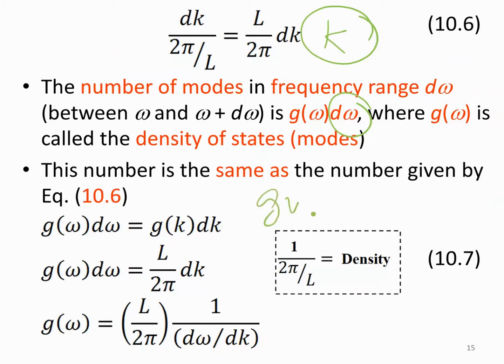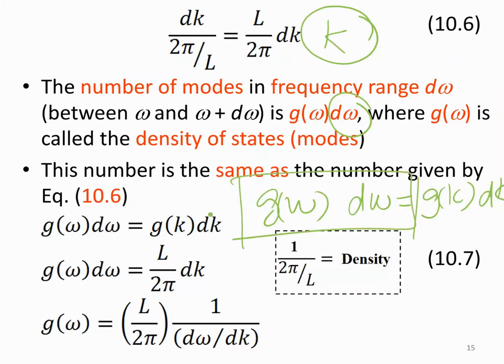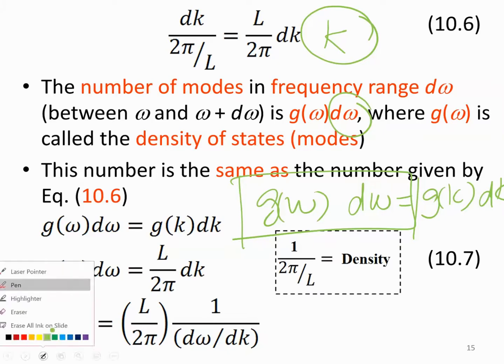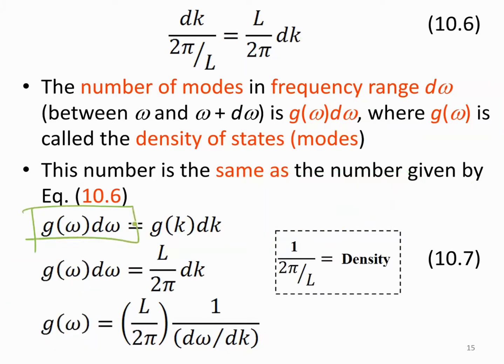Because we have the dispersion relation between k and omega, the density times the length of omega equals the density times the length of the wave vector. Density times length, we know that definitely we'll get the number, right? So g(ω) dω equals g(k) dk, and g(k) dk is the number of modes, which we previously obtained through equation 10.6.